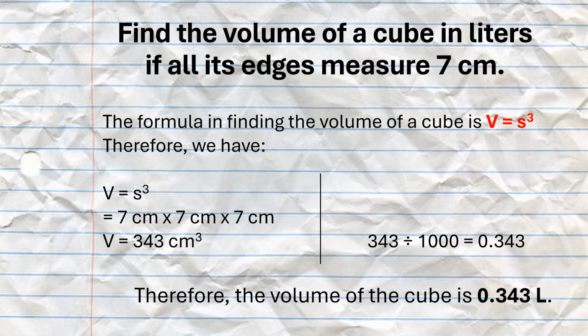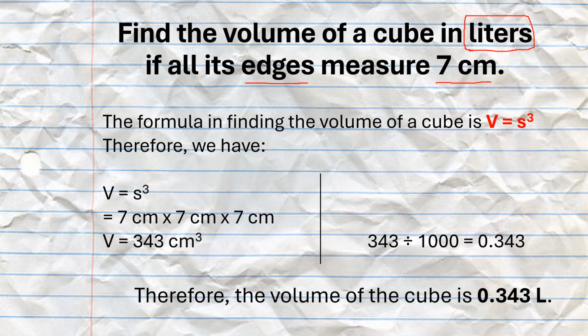Next, find the volume of a cube in liters. So we are looking for the volume in liters if all its edges or sides measure 7 centimeters. So we use the formula to find the volume of a cube, and then we substitute the value to the formula.